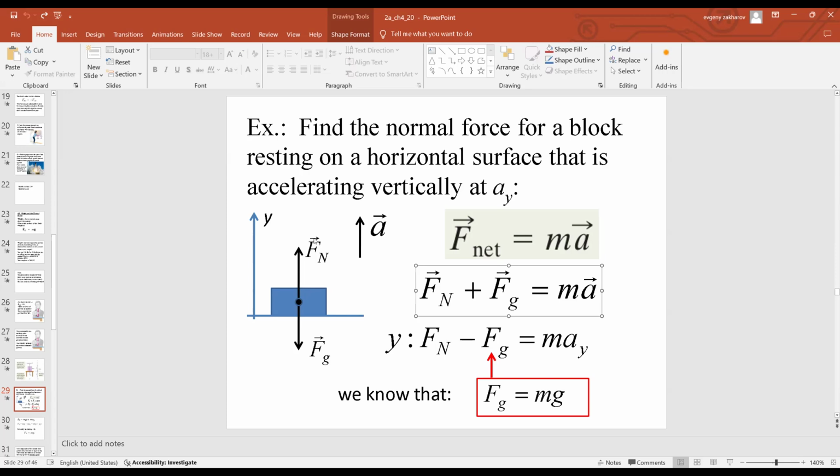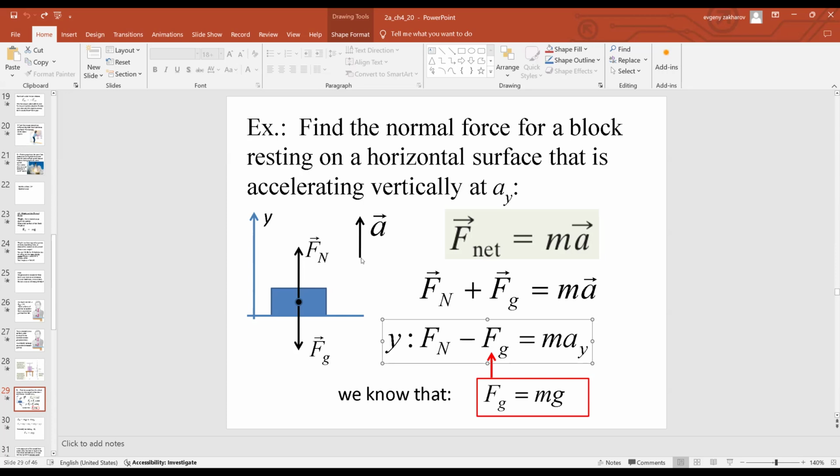So normal force has the same direction, and if it's the same direction, it's a plus component, plus normal force. And gravity is downward. So what's the component for gravity onto y? Positive is up. Your gravity is downward, so gravity has a negative component. And gravity is just mg. Like I said, instead of F sub g, you just say mg. That's fine.